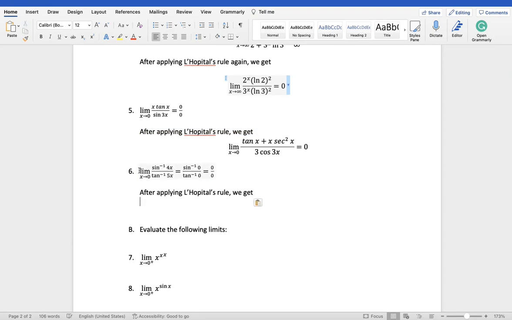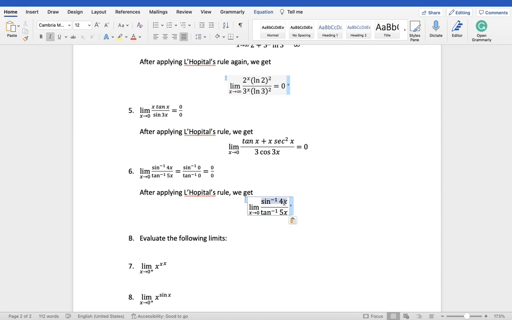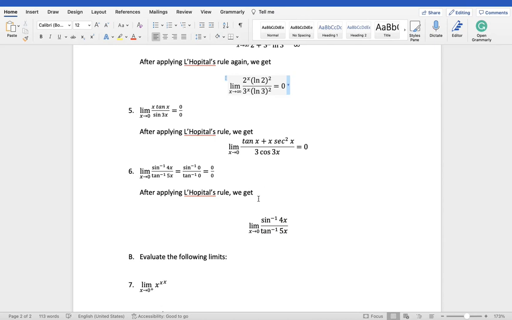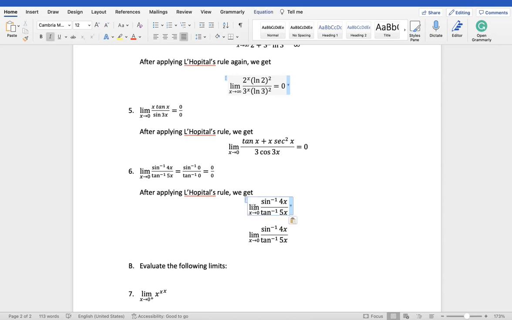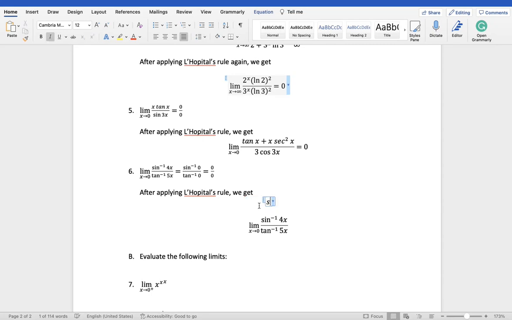So after applying L'Hopital's rule, what do we get here? You guys can already start looking for the derivative of sine inverse of 4x, right? And maybe it might be useful to first remember the formula. What's the derivative of sine inverse of some function f of x?